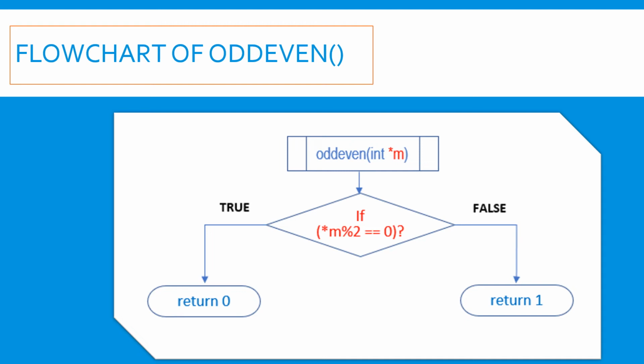And if the remainder is not a 0, then we return 1 to the main program. So in the main program, based on what we receive, if it is 0, we give the answer, the number is even, and if we receive 1 in the main program, we print the answer as the given number is odd. Now let's see how to code the program.